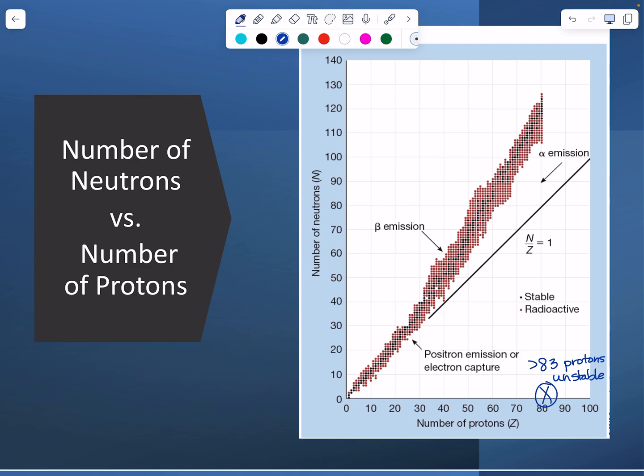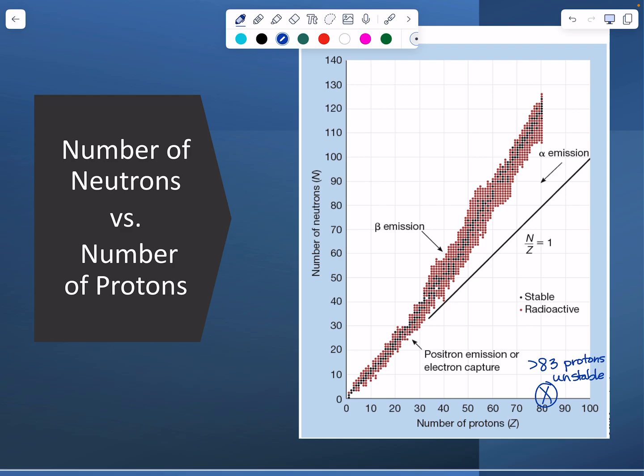If we look again, the things that are in black are the stable nuclei, and the dots that are in red are the unstable nuclei. So there is a kind of magic ratio, not magic, but a specific ratio of protons to neutrons that creates a stable nucleus.